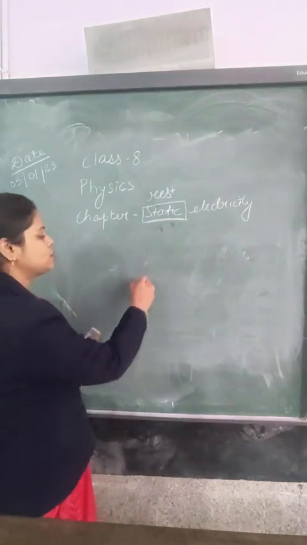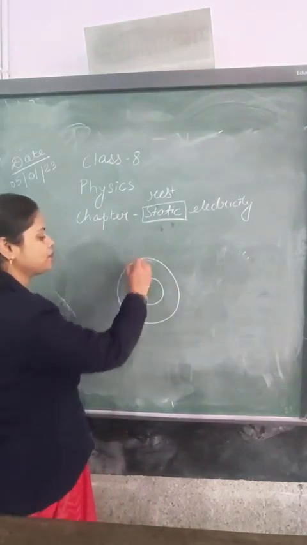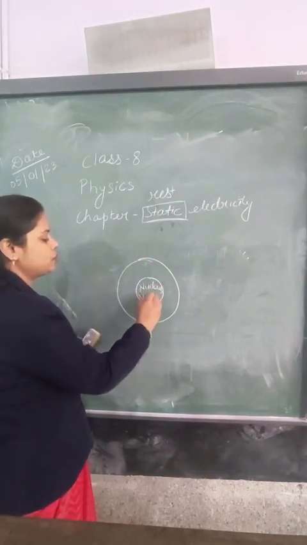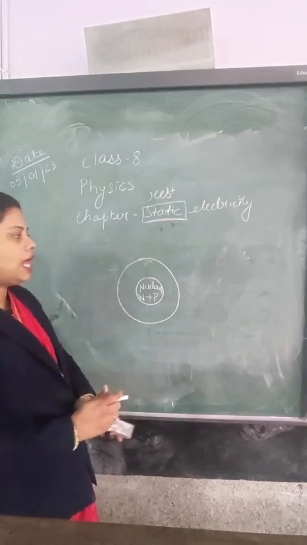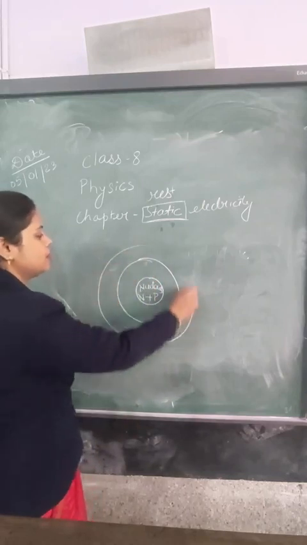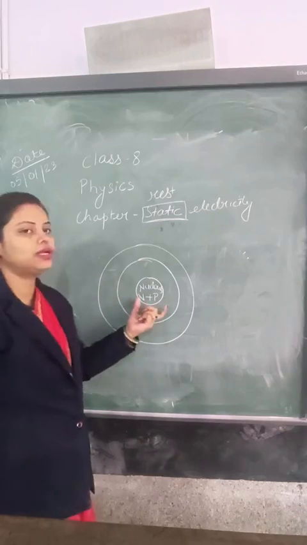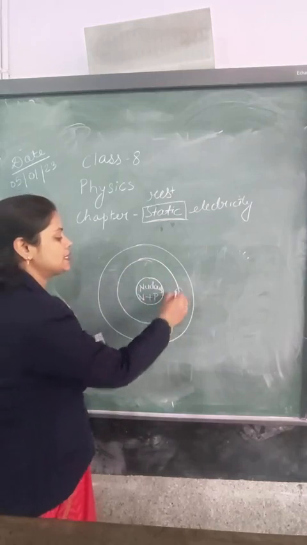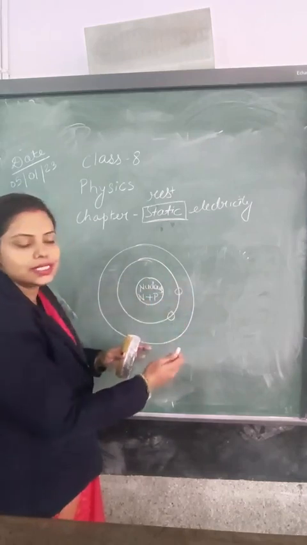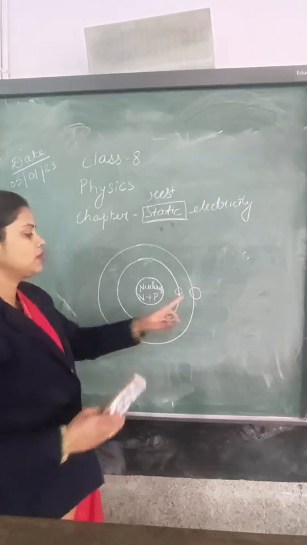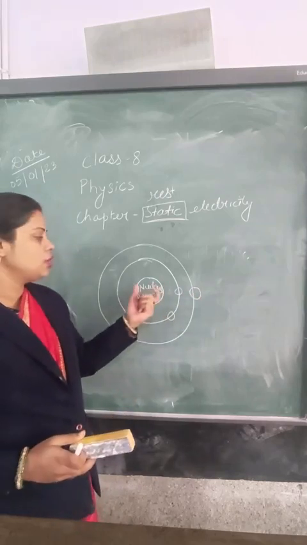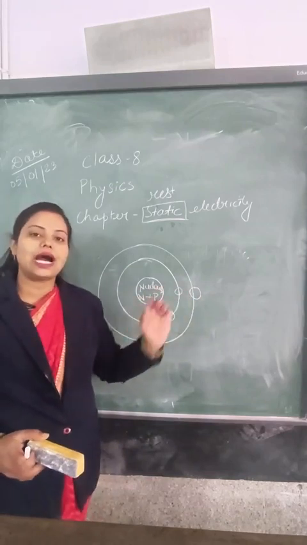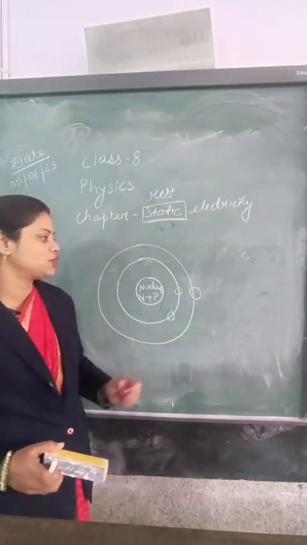In your previous classes, you have already studied the structure of the atom, where the central part is the nucleus, consisting of neutrons and protons, and the electrons revolve around the nucleus in fixed orbits. As the distance of the electrons from the nucleus increases, the attraction of the nucleus on the electron decreases. The electrons in the outermost shell are known as valence electrons, or free electrons.